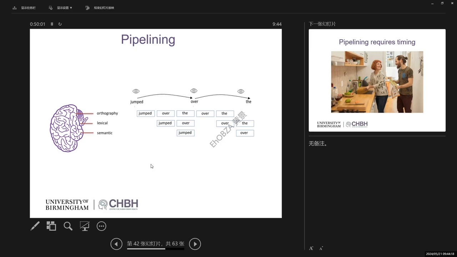But as soon as jumped has been processed for orthography, that frees up resources for the next word, namely over, to be processed, right? So this is the parafoveal processing at the orthographic level. And then that moves down the hierarchy, and eventually that allows for the word over to be processed at the semantic level, right? So again, for reading, we also think this pipelining mechanism is going on, in which different words are being processed at the same time, but at different levels of the processing hierarchy.